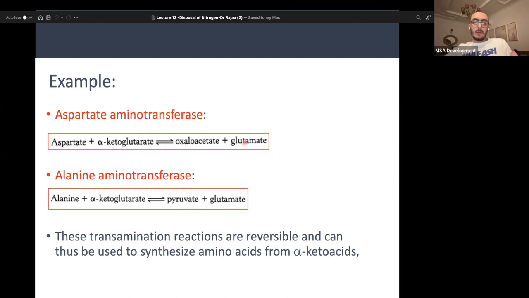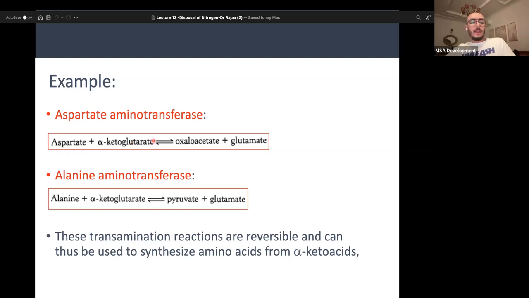AST will take the ammonium and give it to oxaloacetate. Oxaloacetate plus the ammonium group will give us aspartate, and the glutamate without the ammonium group will be alpha ketoglutarate. So this is this reaction in the direction of aspartate.